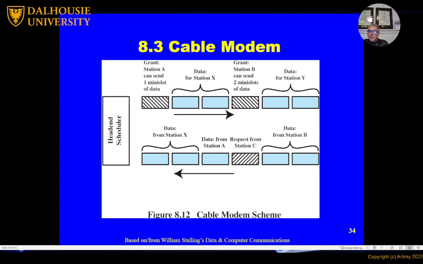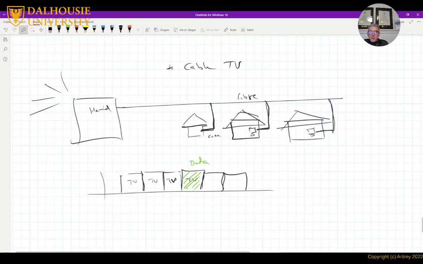The problem with this system, however, is that it works well when you have data coming from the head end into the house, right? Because we can send data to all houses. The problem is going back, because they all have the same line. So how can you send back data?